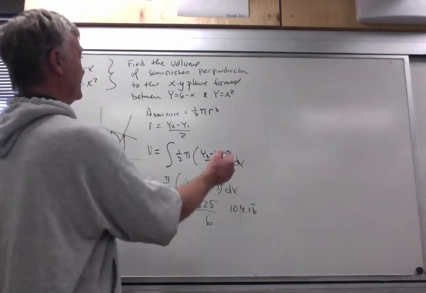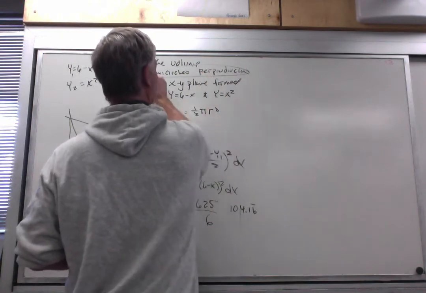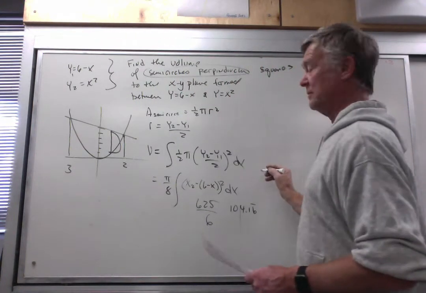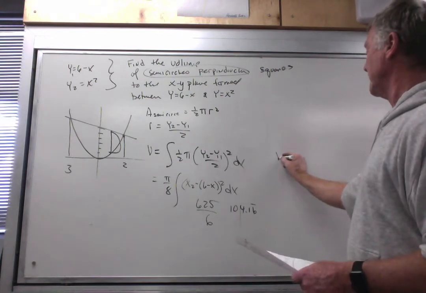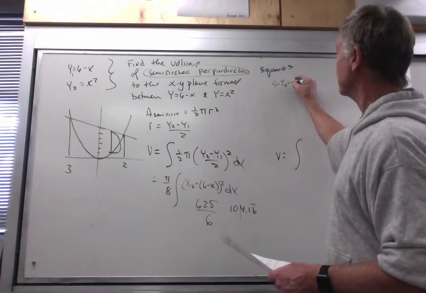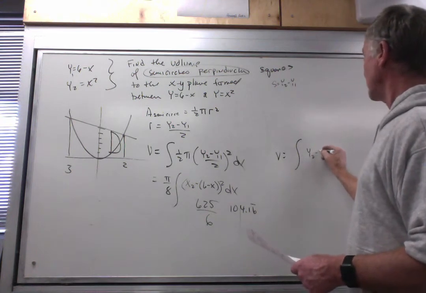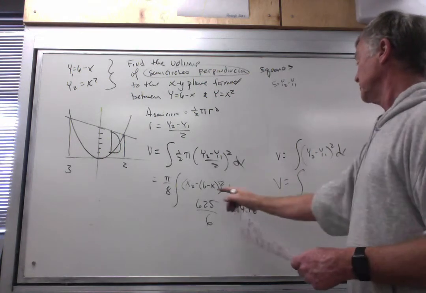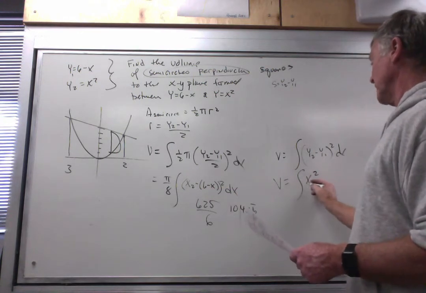Okay, if I was to change the semicircles to squares, basically it is almost the same thing. Volume is, the side is y2 minus y1. y2 minus y1 squared dx, or just this right here, x squared.